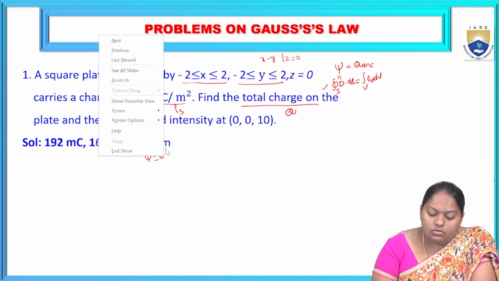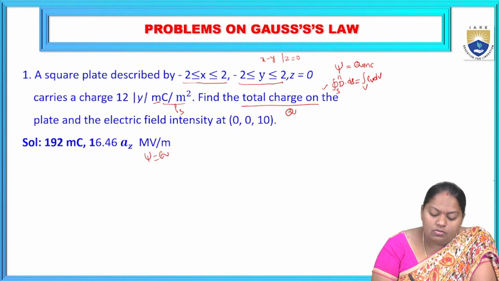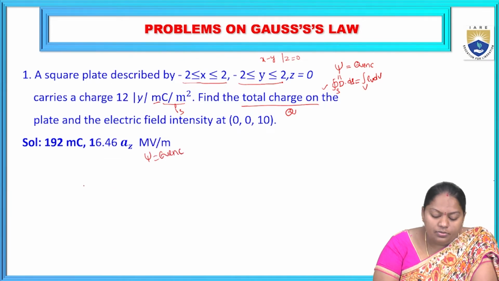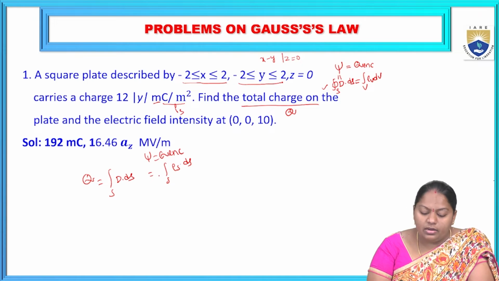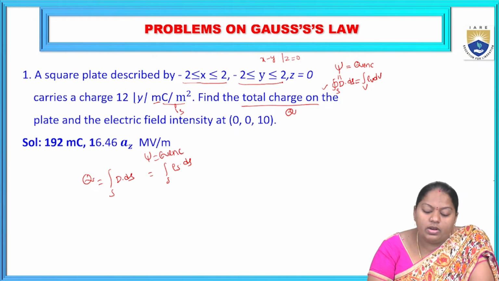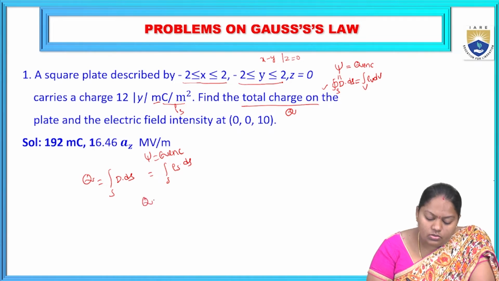So the total charge Q equals the integral over S of D dot dS, which equals the integral over S of rho s dS, where rho s is 12 times modulus of y millicoulomb per meter square.